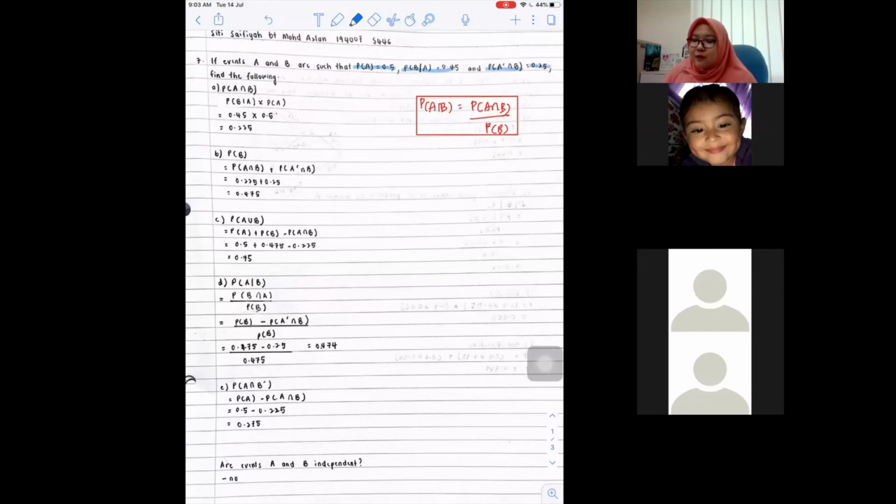Okay, so since you have conditional here, you know that A is happening first. If you want to draw a tree diagram, A is happening first, this is A complement, and then B happens next. So this is B complement, this is B complement.